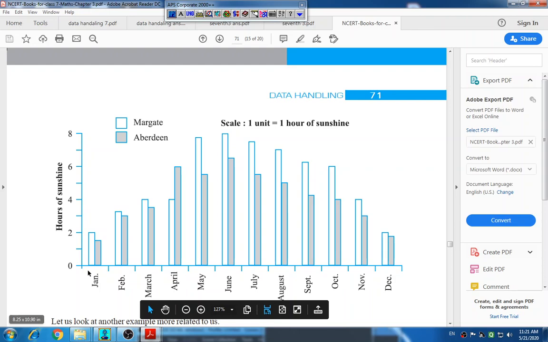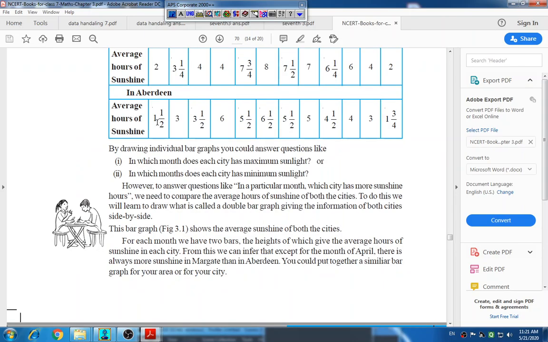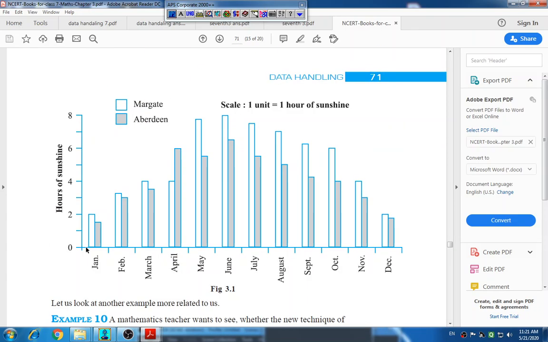The plain boxes are for Margate and the colored boxes are for Aberdeen, and the scale that we have chosen is 1 unit for 1 hour, because our lowest value is 2 and the highest value is 8.